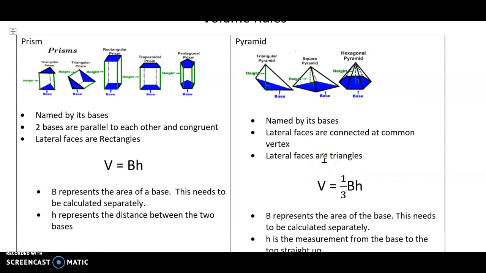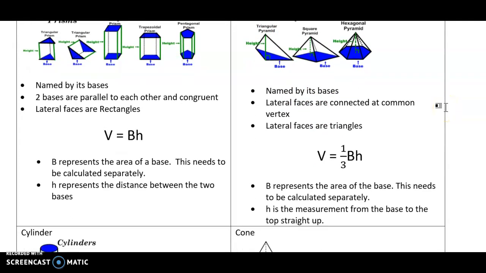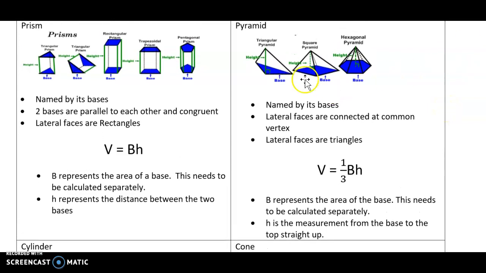When you're working on a pyramid, a pyramid is named by its bases. Lateral faces are connected at a common vertex, so it raises to a point. Lateral faces are triangles, and then it's 1/3 big BH. B represents the area of the base.